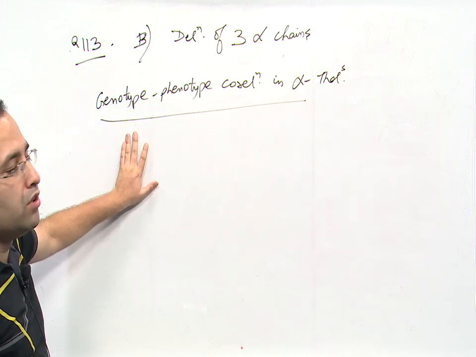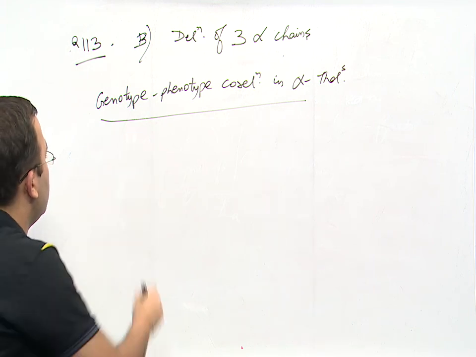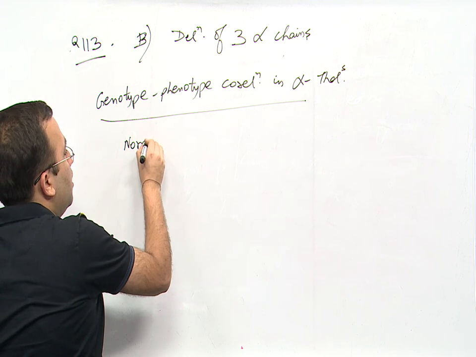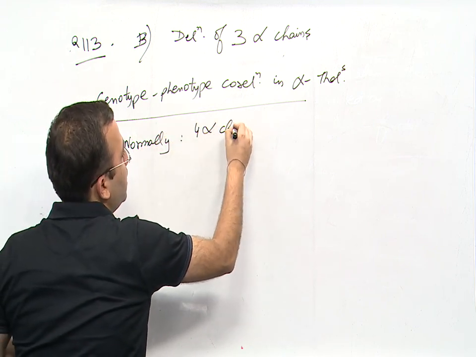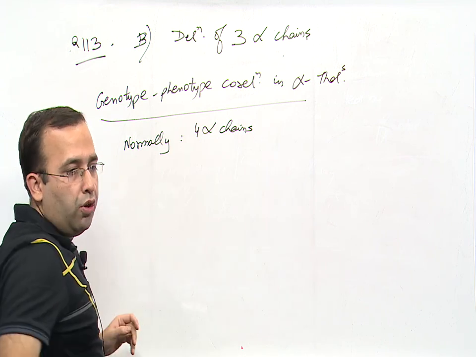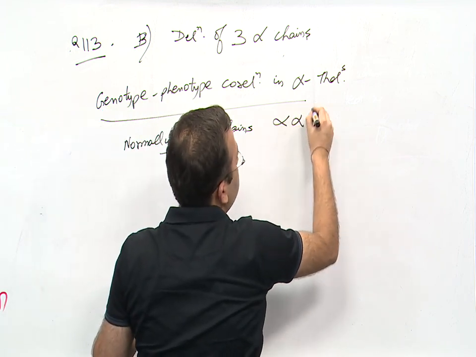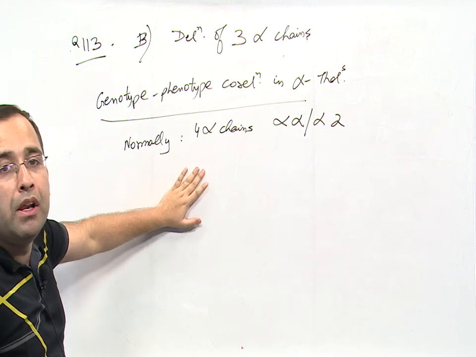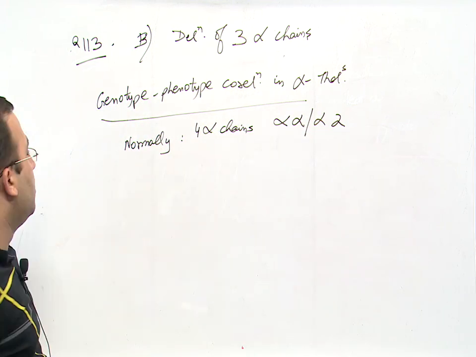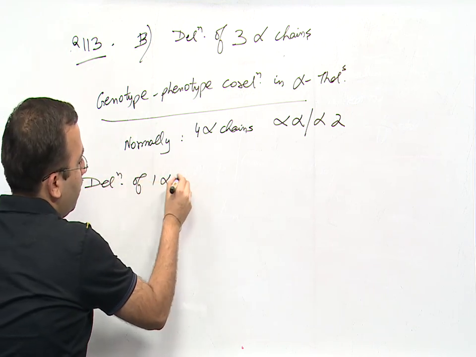Genotype is the genetic structure, phenotype are the clinical features. Normally there are 4 alpha chains. All of us have 4 alpha chains. So the genotype is alpha, alpha, alpha, alpha. This is normal. Next point, deletion of 1 alpha chain.